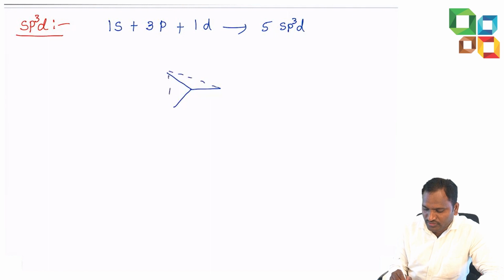This is trigonal. If I draw one bond like this, one pyramid here and one pyramid here, the total geometry of this molecule is trigonal bipyramidal.